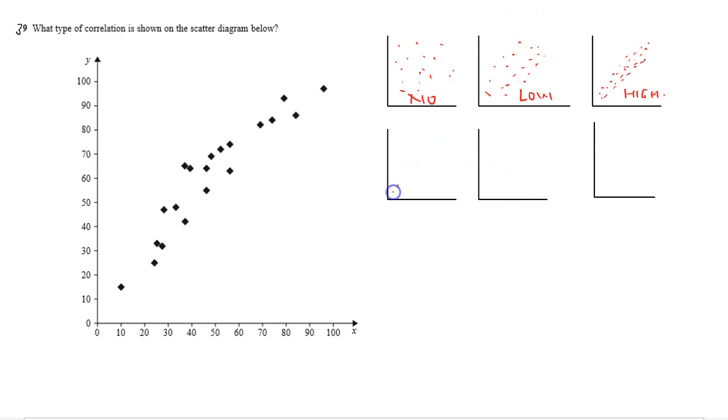If the correlation follows a straight line, this kind of correlation, then we say it's perfect. If the correlation is a straight line but not exactly, if we have this kind of correlation, we call it positive.